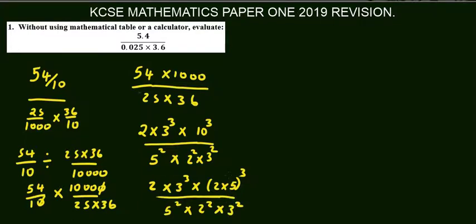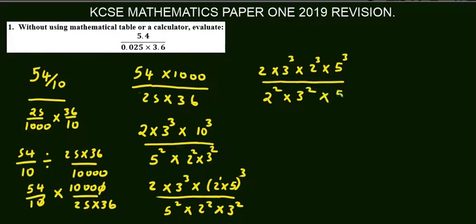So in the numerator we can open the brackets as follows. So we have 2 by 3 cubed by 2 power 3 times 5 power 3. Now let's arrange them in ascending order.